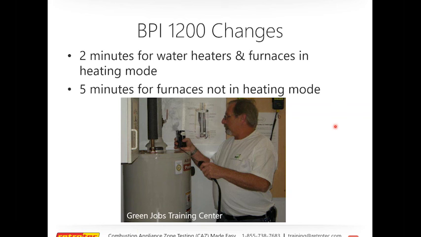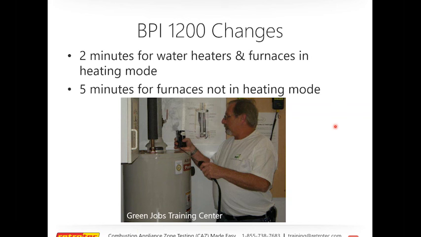What we do get additionally in the BPI 1200 standards, which we will not discuss, are two things. One is a discussion of carbon monoxide, and I think I alluded to that earlier, but we're not going to talk about carbon monoxide in this webinar.